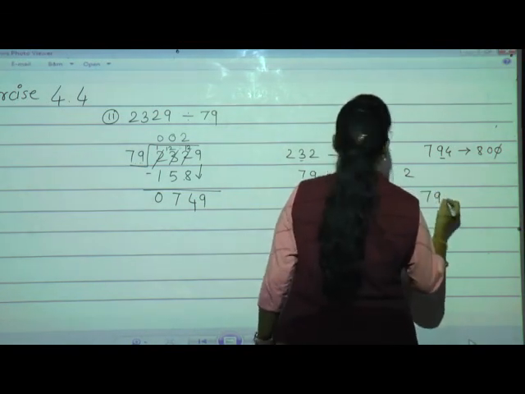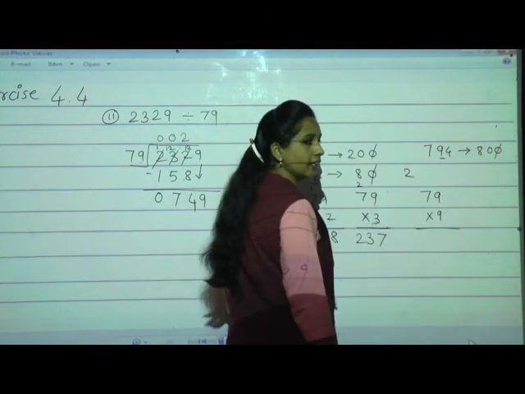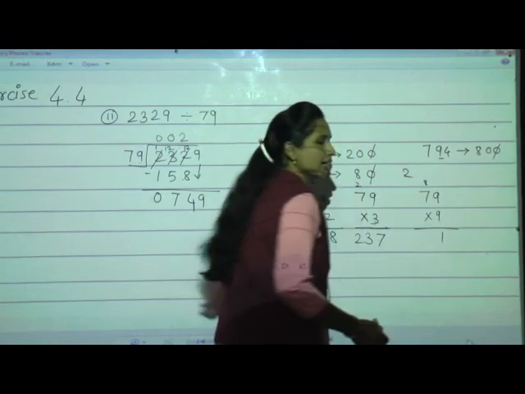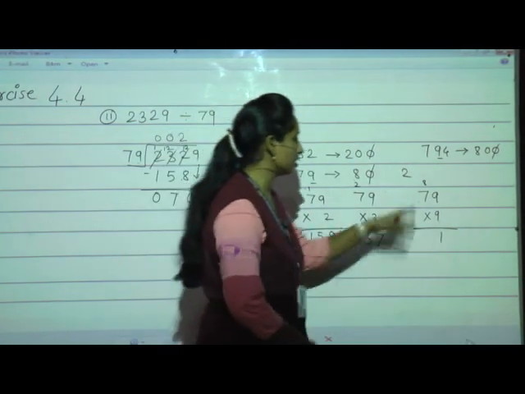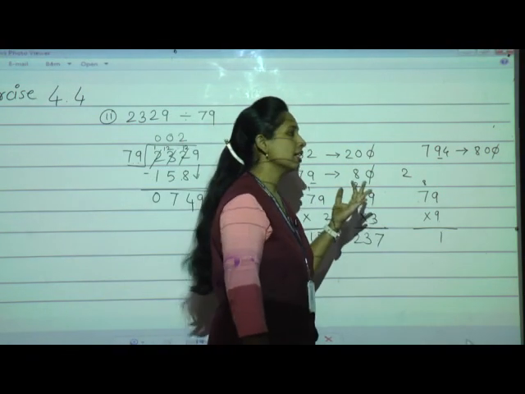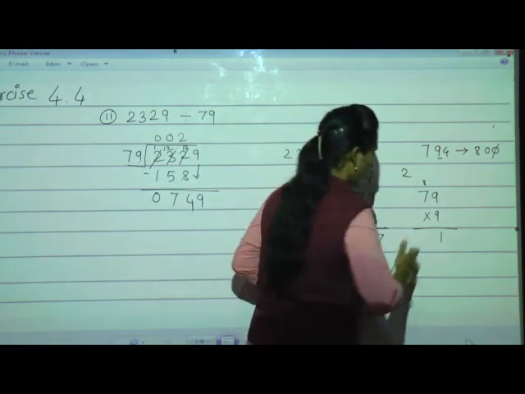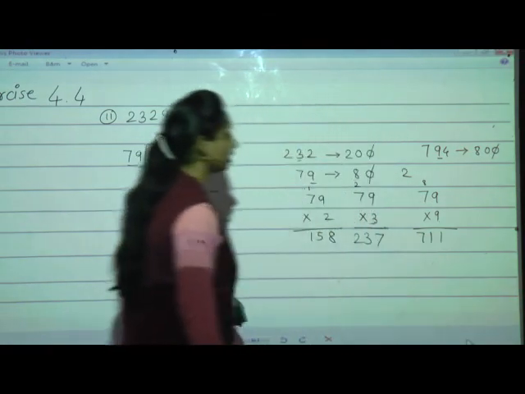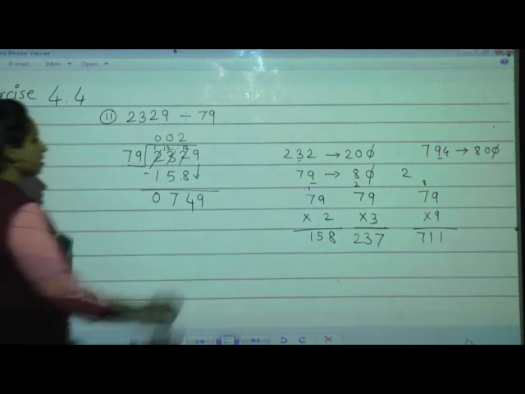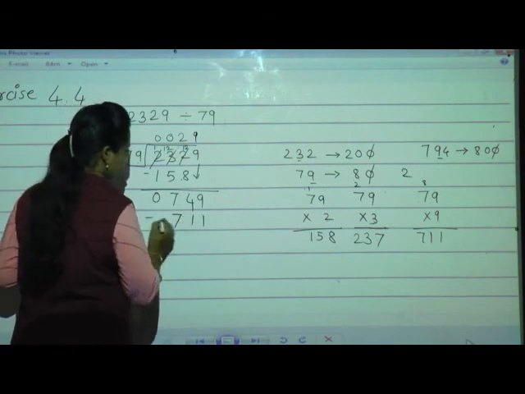So we will go with the ninth quotient. 9 nines are 81. 9 sevens are 63 plus 8, that is 71. So 711. Correct? 9 times 79 means 711.